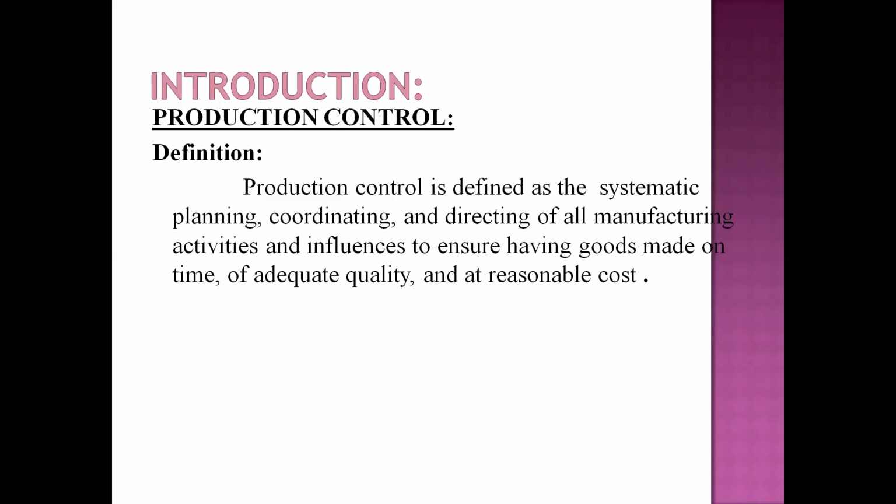Repeat, it is defined as systematic planning, coordination, and directing of all manufacturing activities and influences in order to ensure that the goods or products are made on time with good quality and at reasonable cost.